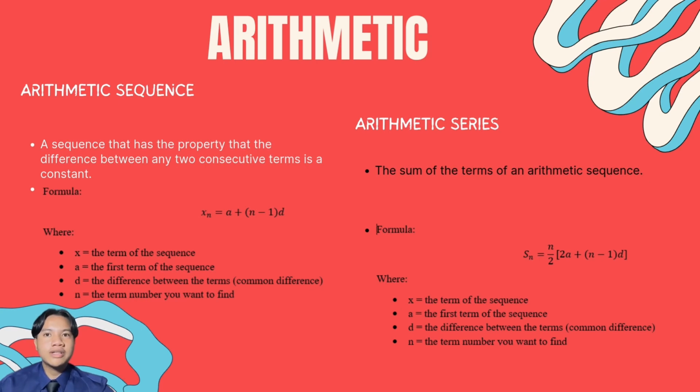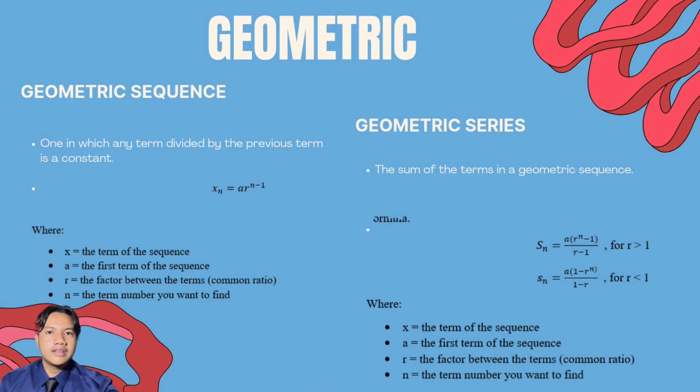So what about arithmetic series? An arithmetic series is the sum of the terms of an arithmetic sequence. Next, geometric sequence and series. First, a geometric sequence is one in which any term divided by the previous term is a constant. This constant is called the common ratio of the sequence.